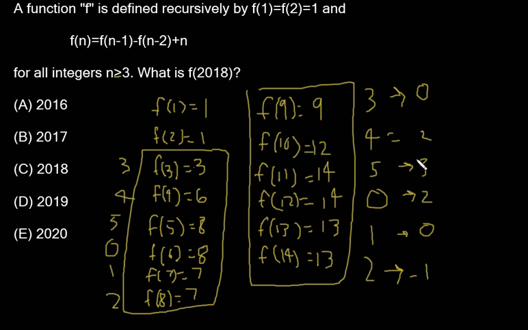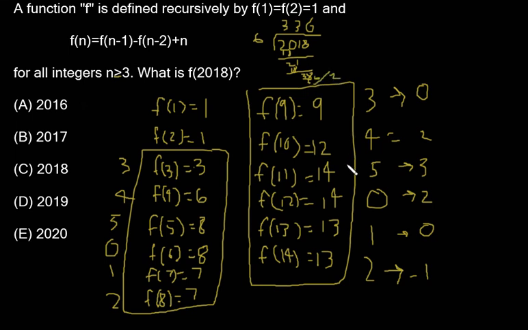Okay, now let's try dividing 2018, our n, by 6 and see what our remainder is, okay? 2018 divided by 6, it's a little small here, so we have 3, 3, 6 right here, and then it's going to be 36, I'm sorry.